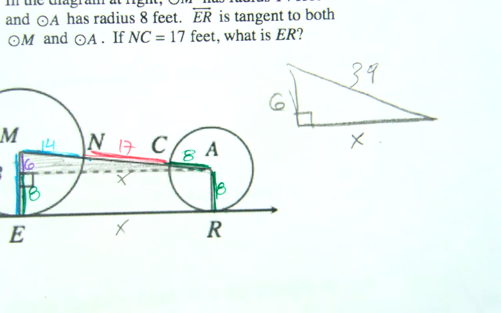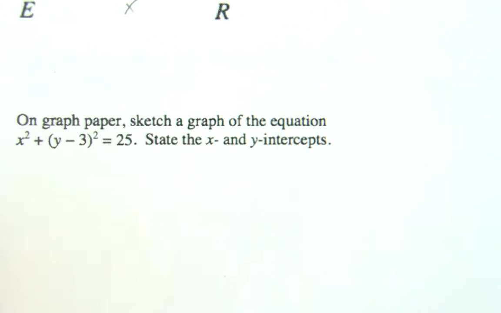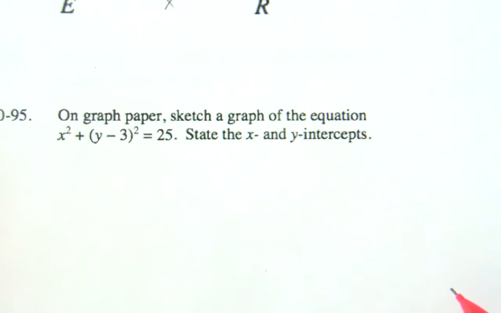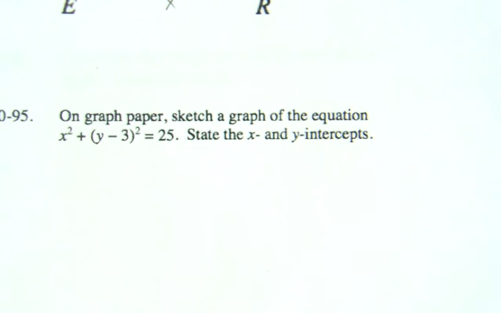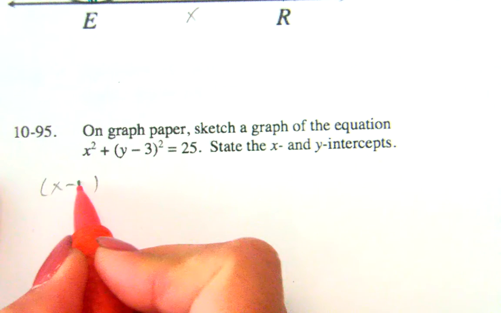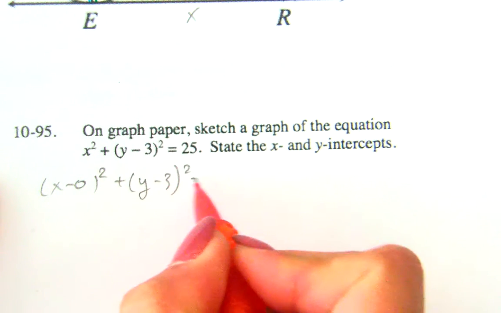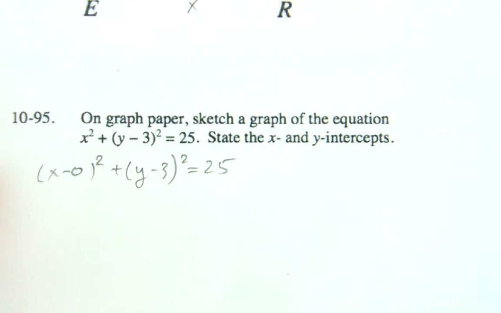Okay, 95. On graph paper, sketch a graph of the equation, state the x and y intercepts. Really? Okay, graph paper time it is. I'm going to rewrite this as x minus 0 squared plus y minus 3 squared equals 25.